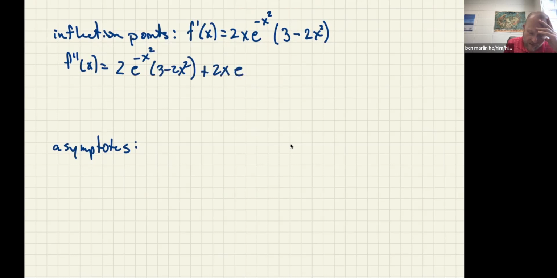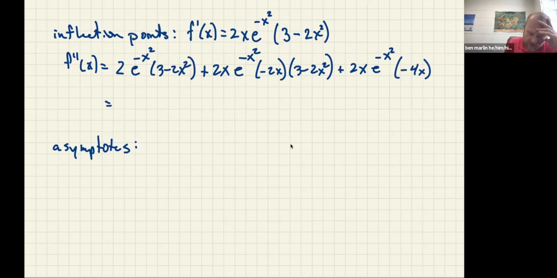Derivative of e to the minus x squared is e to the minus x squared times a minus 2x. Leave the 3 minus 2x squared alone. And then plus, now we'll leave the 2x alone, and we'll leave the e to the minus x squared alone, and we'll take the derivative of 3 minus 2x squared and have minus 4x.